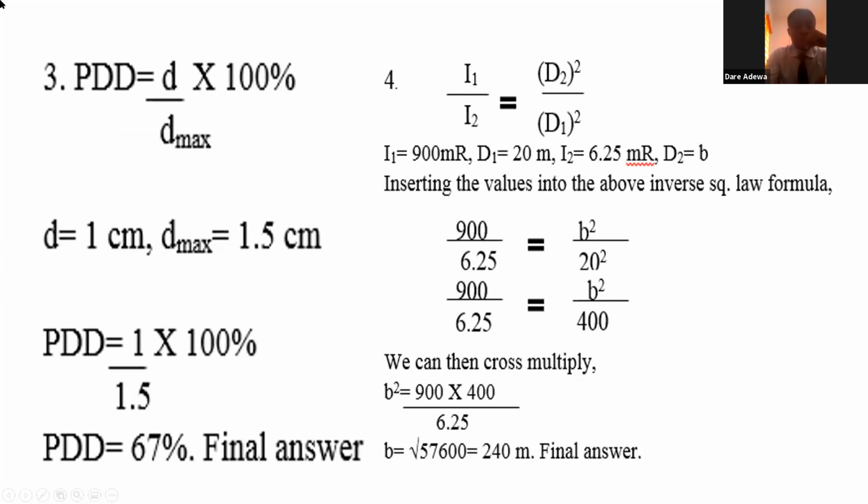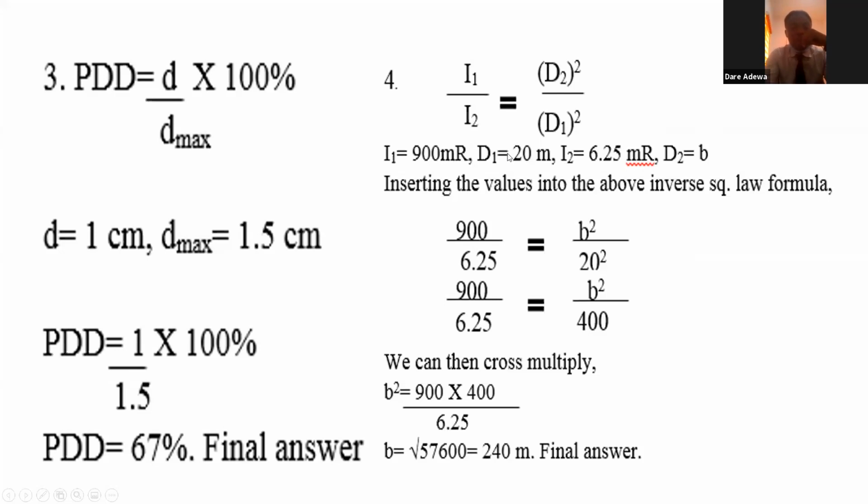So now here D is 1 and D max is 1.5. So now 1 over 1.5 multiplied by 100. So you should get 67%. So if your answer is different from this, please you should take down this correction. So you can see all those questions are very, very simple.